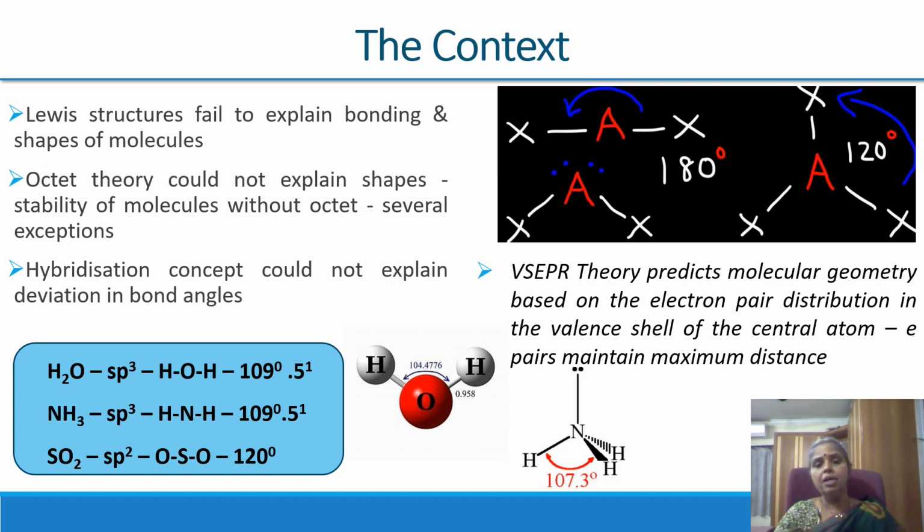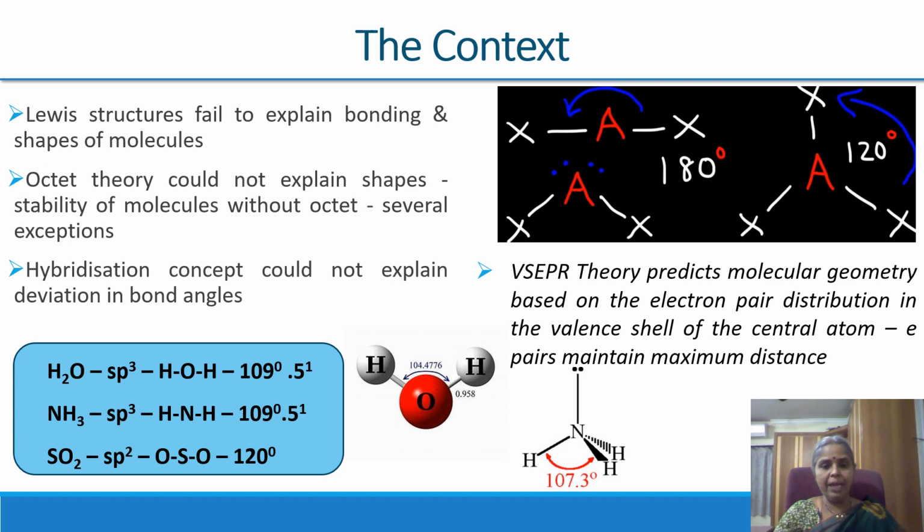Point number two. Number three, it pertains only to electron pairs that are present in the valence shell. So, it is concerned with the repulsive interactions between electron pairs in the valence shell of the central atom. And because of repulsive interactions, when somebody is repelling someone else, automatically they try to maintain maximum distance.